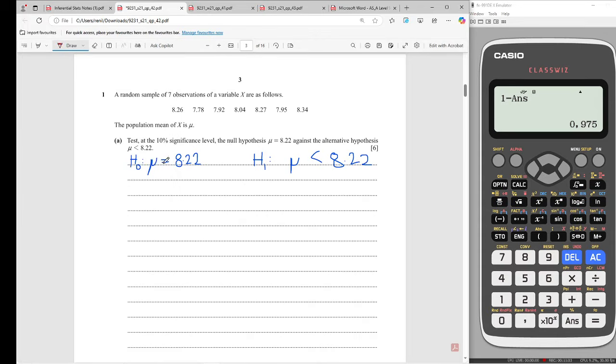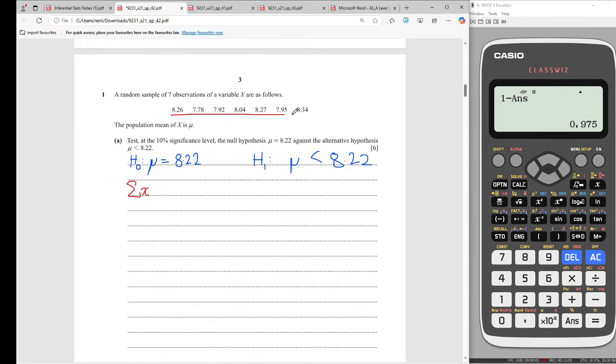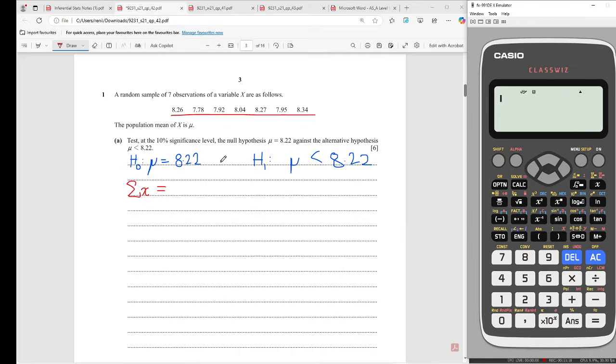So I'm going to write this in red. So sum x, and they've given us some data values here. We need to use these data values to get our sum x and sum x squared. So let's first get sum x. Sum x will be all the terms added up together, 7.78.